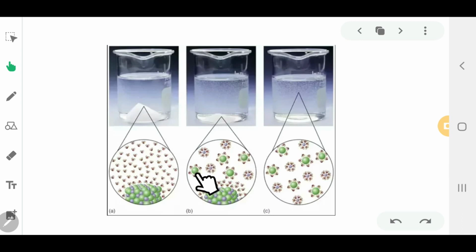The negatively charged species and the positively charged species will be attracted to the polar molecules of water. And at the end of the process, all of the charged species are attracted to the polar molecules of water to form a homogeneous solution of the ionic salts.